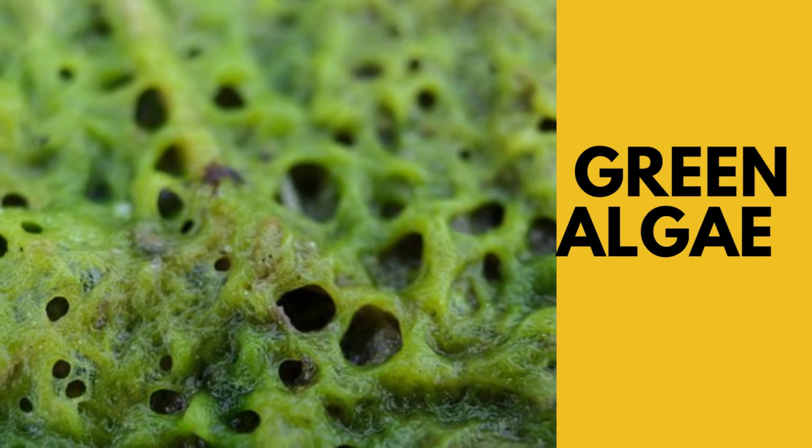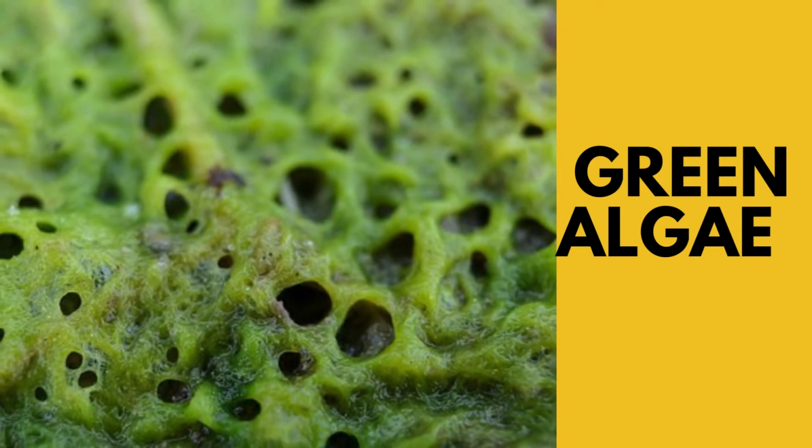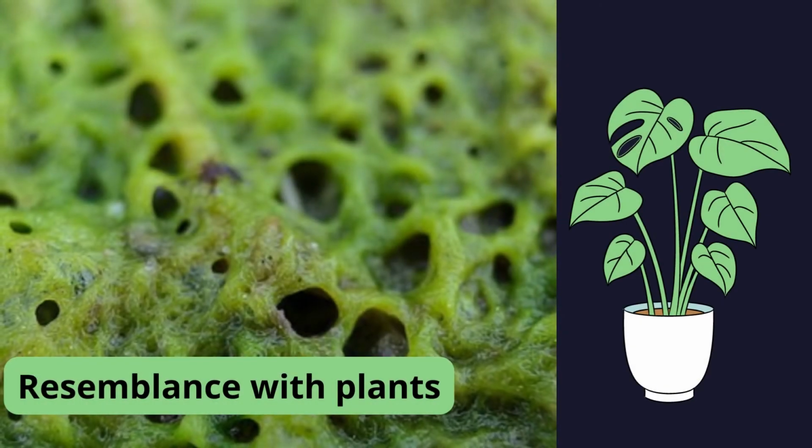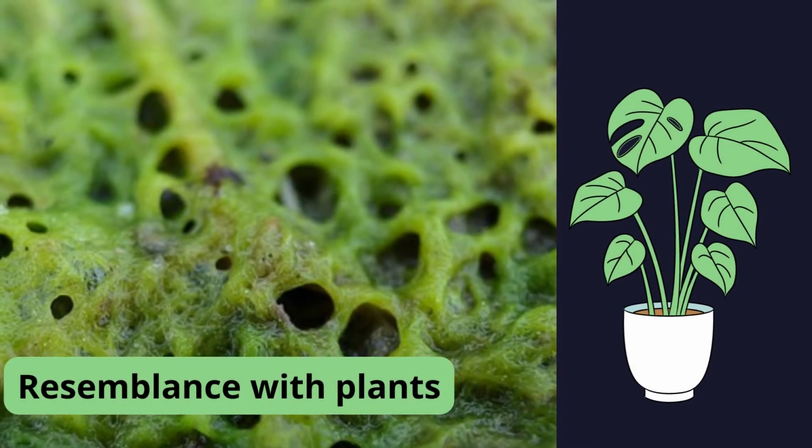Green algae. Green algae have chloroplasts that contain chlorophyll a and b, giving them a bright green color, as well as the accessory pigments beta carotene and xanthophylls in thylakoids. Resemblance with plants.